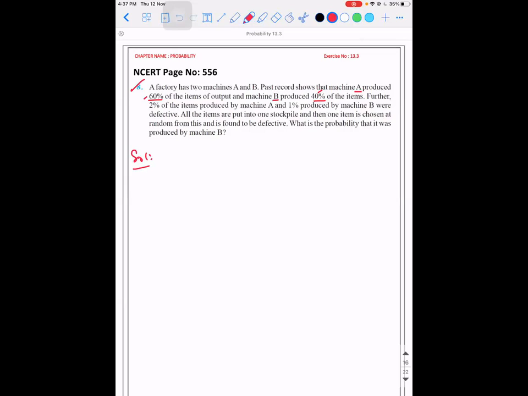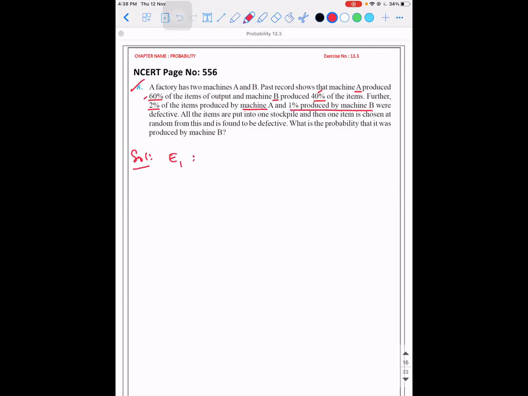Let's read further. 2% of the items produced by machine A and 1% produced by machine B were defective. All the items are put into one stockpile and then one item is chosen at random from this and it is found to be defective. What is the probability that it was produced by machine B?